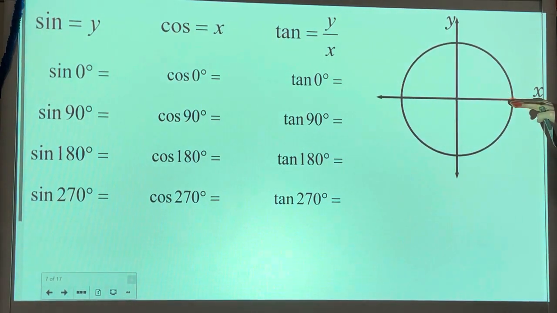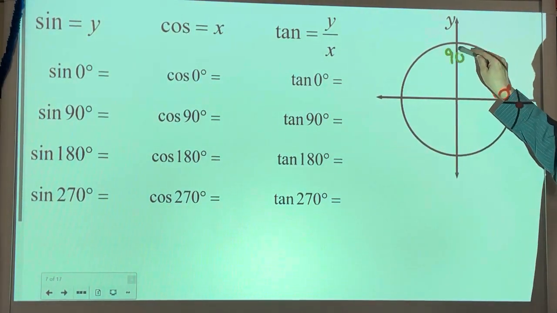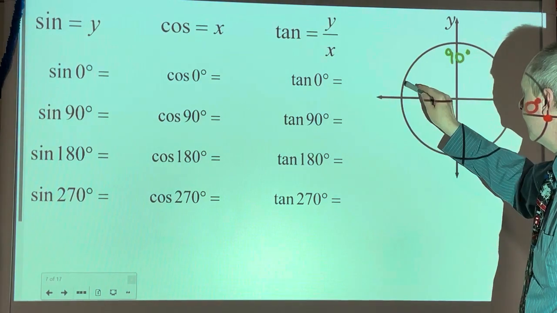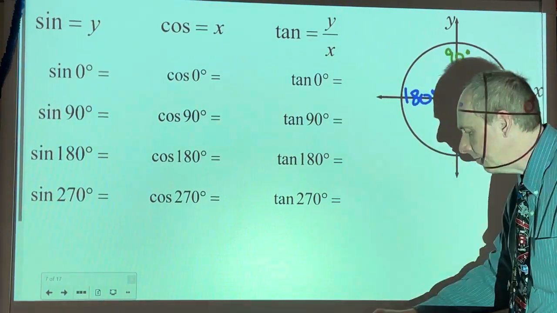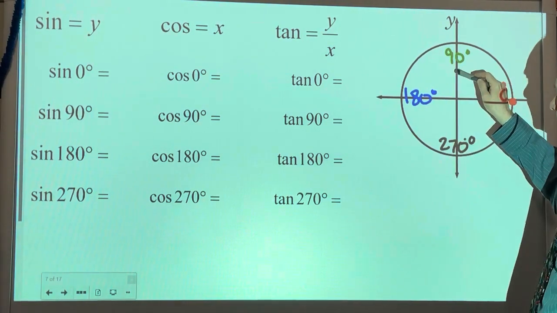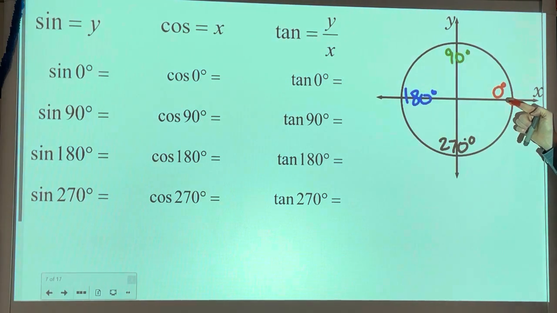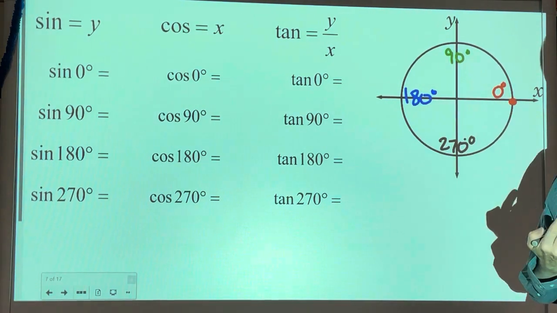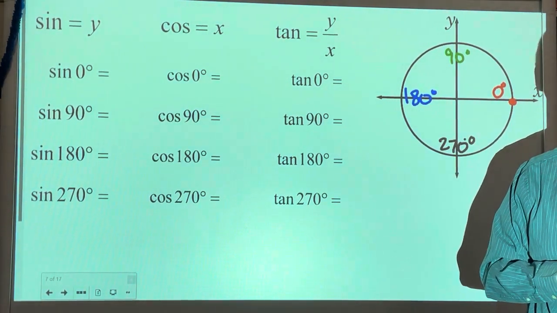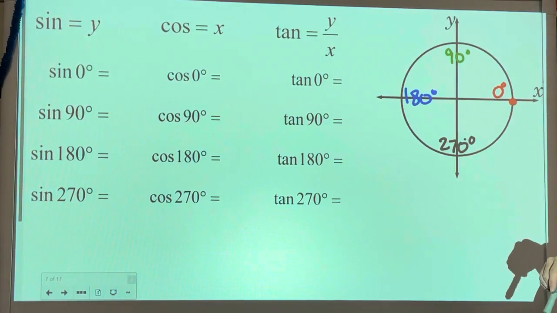My bad, 0 degrees. 90 is up top. 180 is over here, half a circle. 270 is down here. 90, 90, 90 more, and it gets us back to 360 here. So whatever the answers are for 0 degrees is going to be the same answers for 360. They're coterminal angles. They have the same answers for sine, cosine, and tangent.